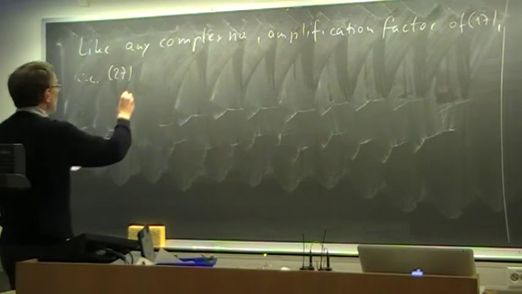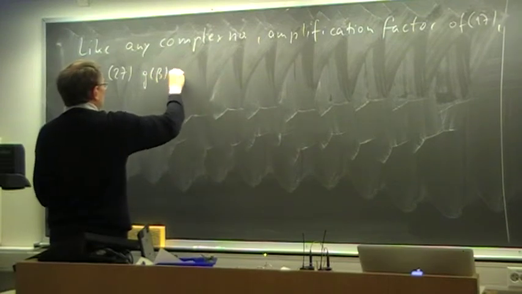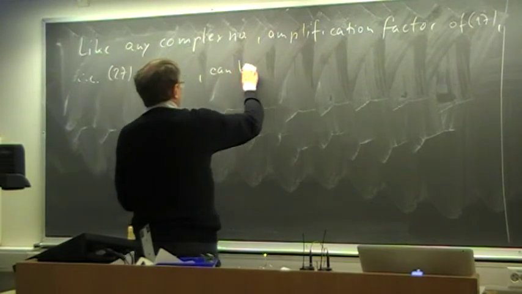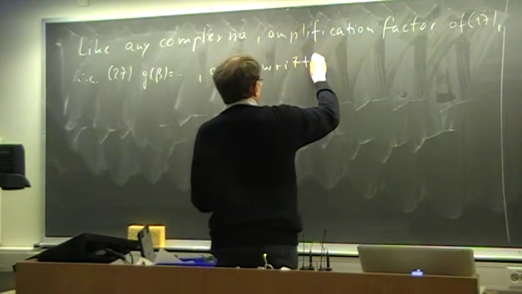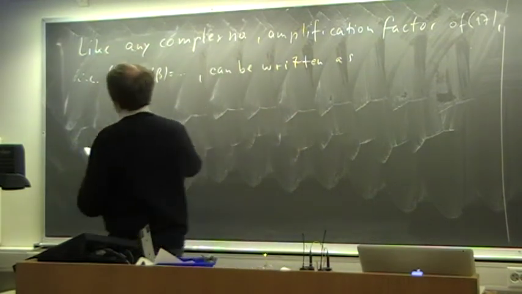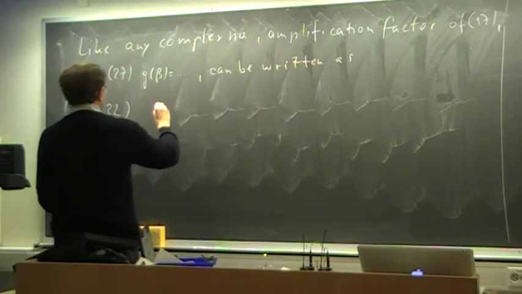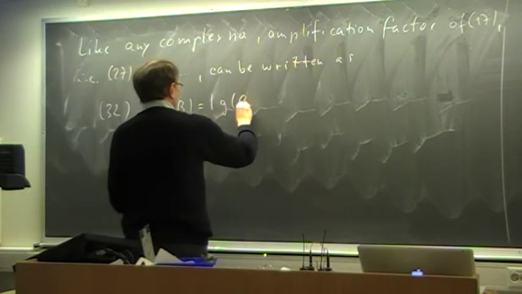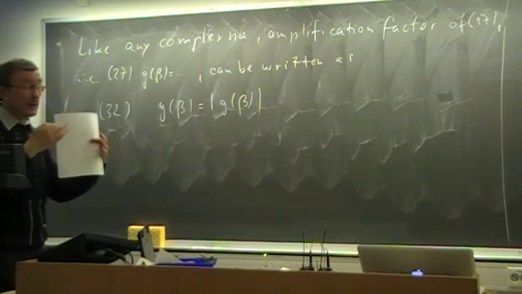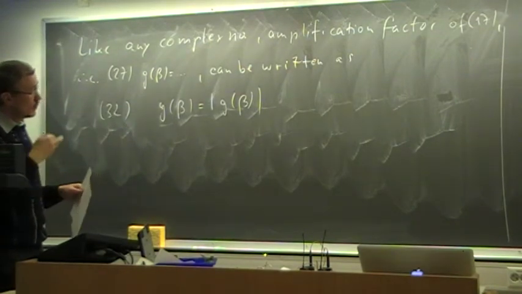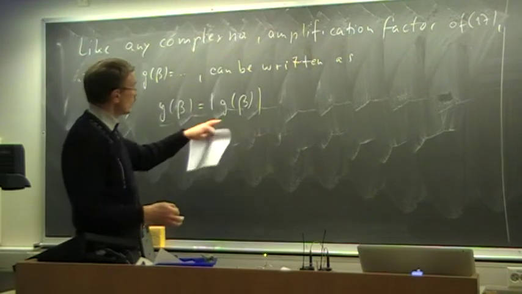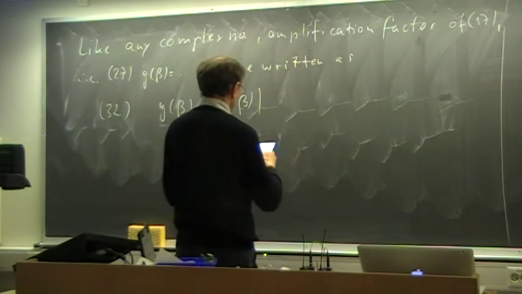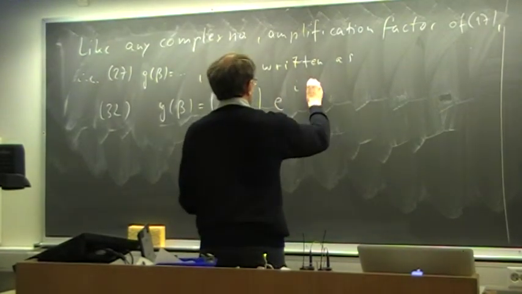Our G of beta can be written as the absolute value of G of beta. It tells us something about the modulus, which according to the exact solution should stay 1, but in our case it will be smaller than 1. We will have damping, times e to the I phi.